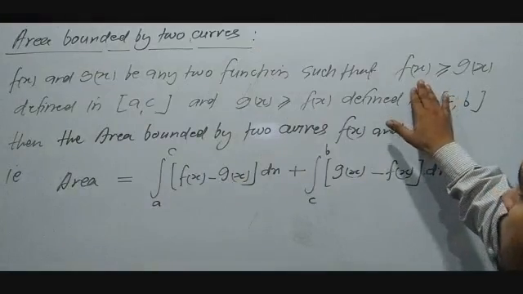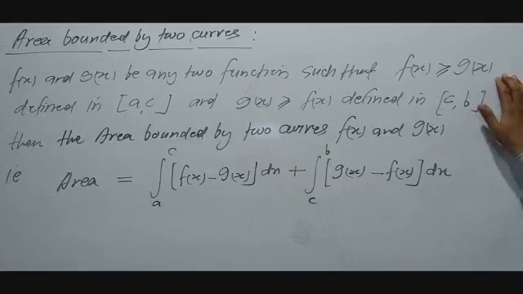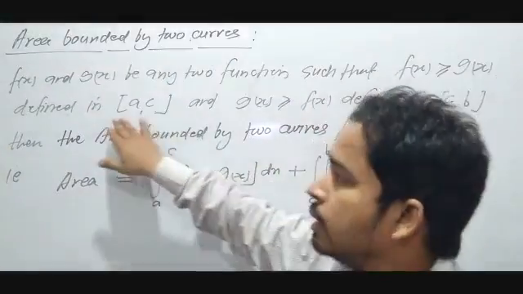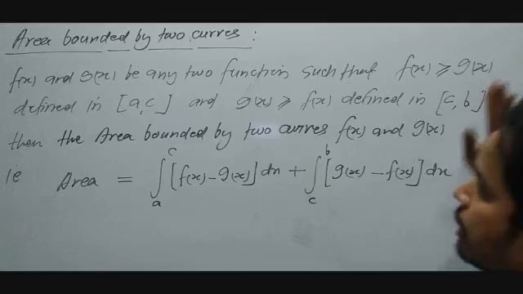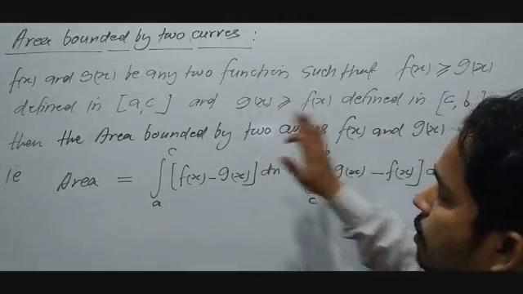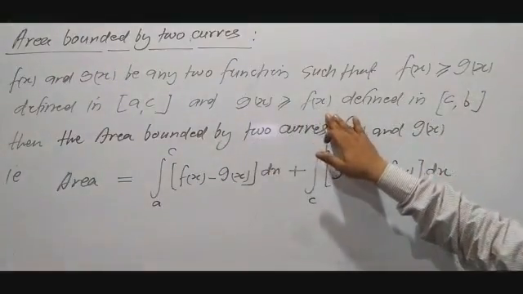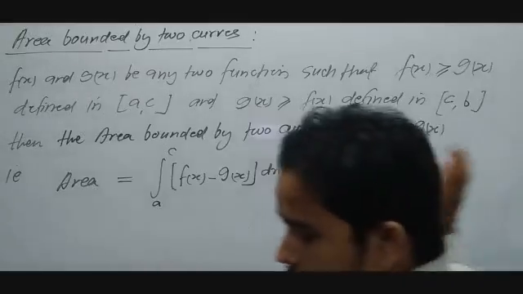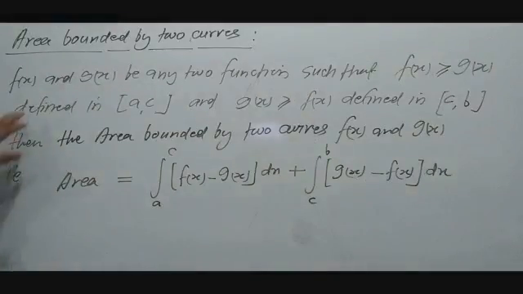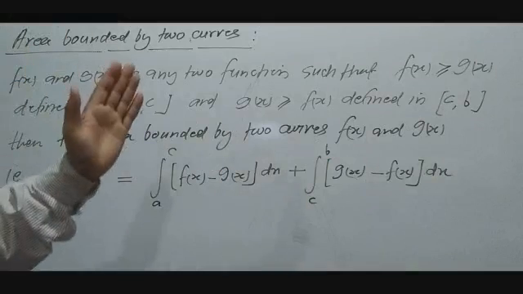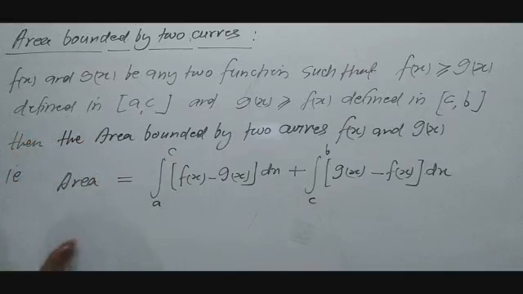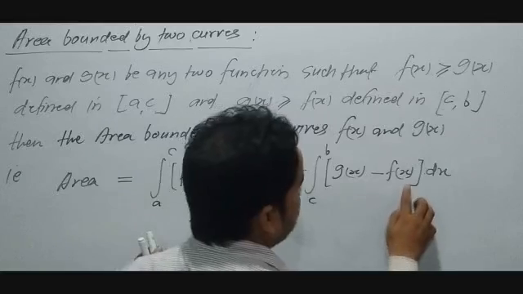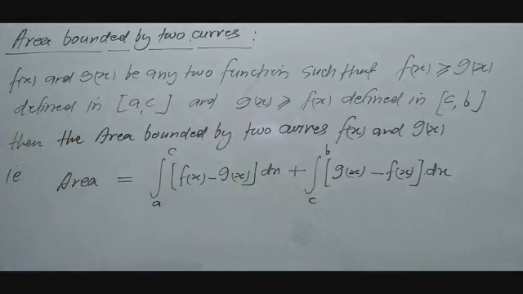Both conditions means when f(x) is greater than or equal to g(x) in the interval AC, and in the interval CB, g(x) is greater than f(x). Then how you will calculate the area? In this case, area will be from A to C f(x) minus g(x) dx, and from C to B area will be g(x) minus f(x) dx. Now this is completed.